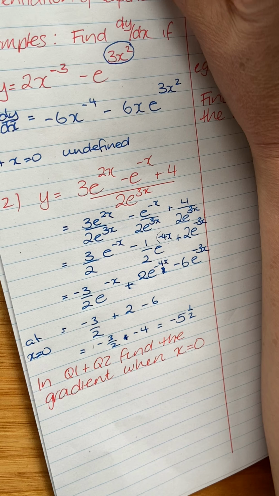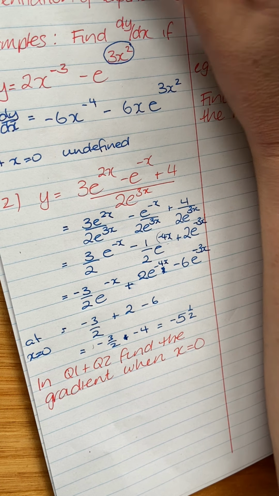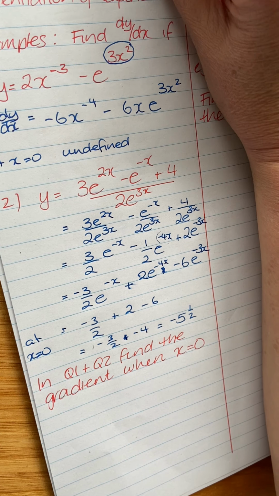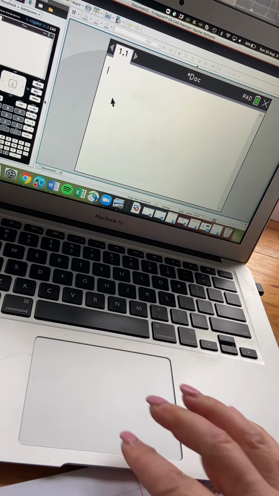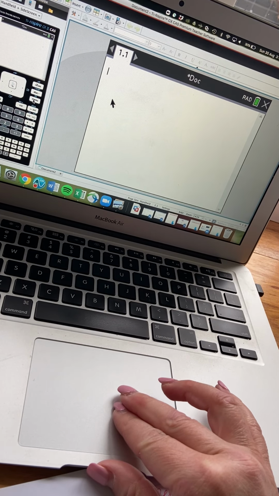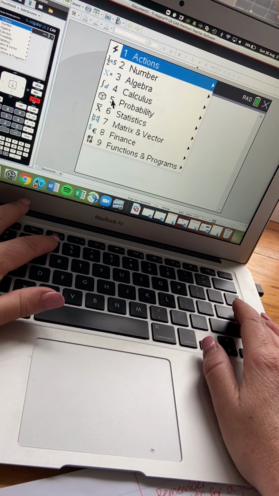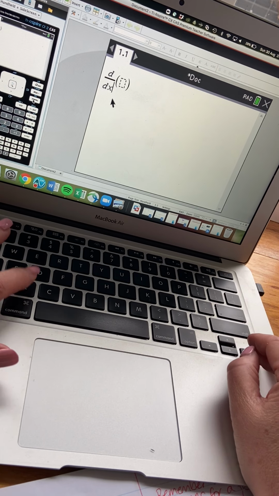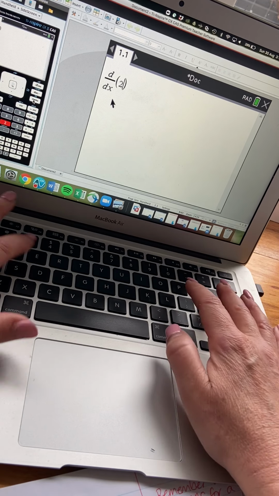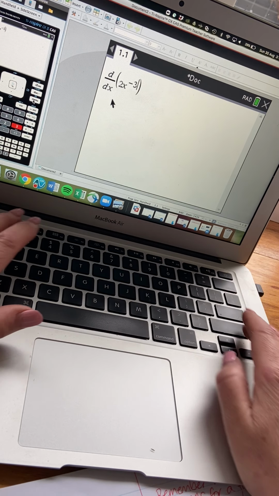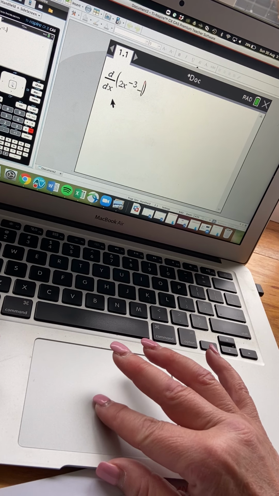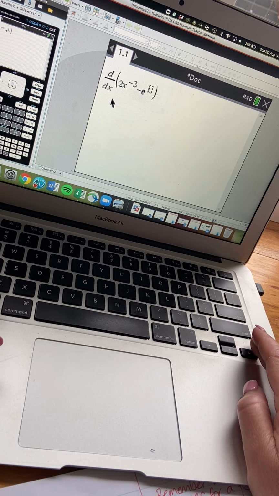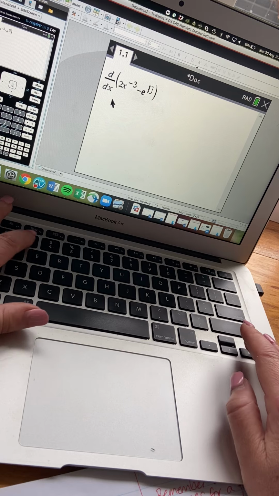So remember, we could do that on our calculator. This will be painful for you to watch me do this, but fast forward through it if it disturbs you too much. I'm going to put in menu, calculus, derivative, d/dx of, and I'll do the first one, 2x to the minus 3, minus e, and we have to use that function e, to the 3x squared.